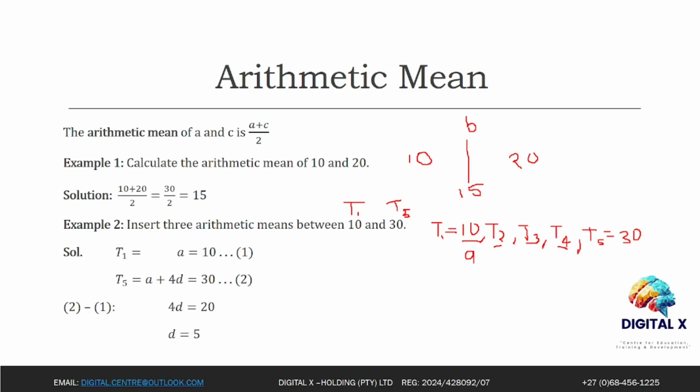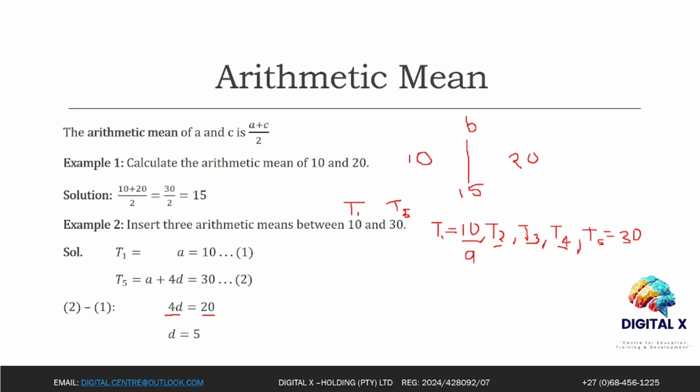We subtract the first equation from the second equation. This will help us to determine the difference, and the difference in this case will be 5.